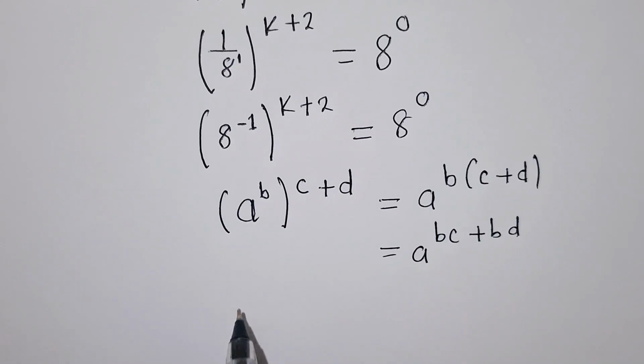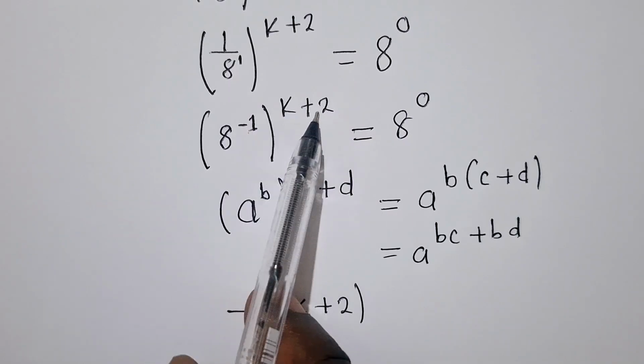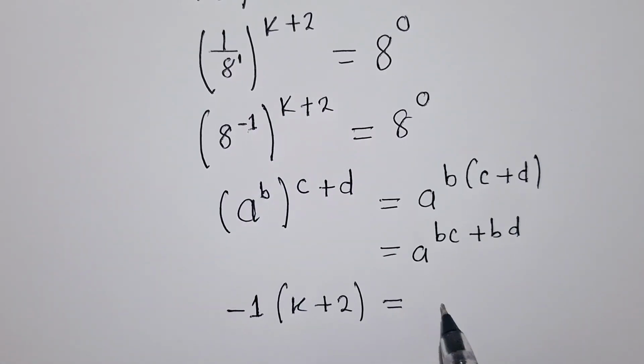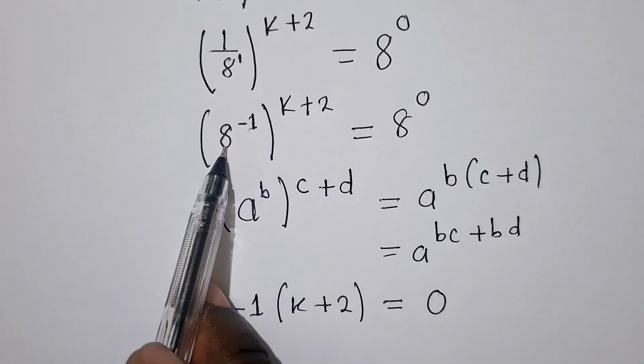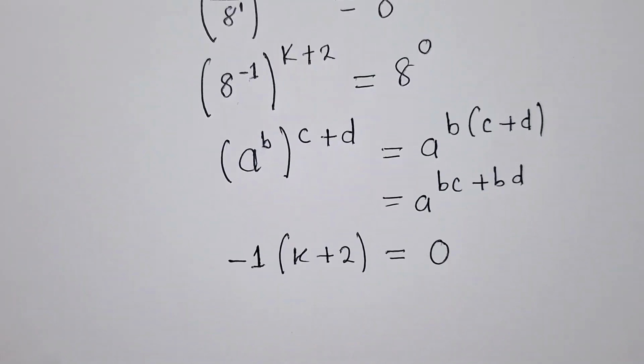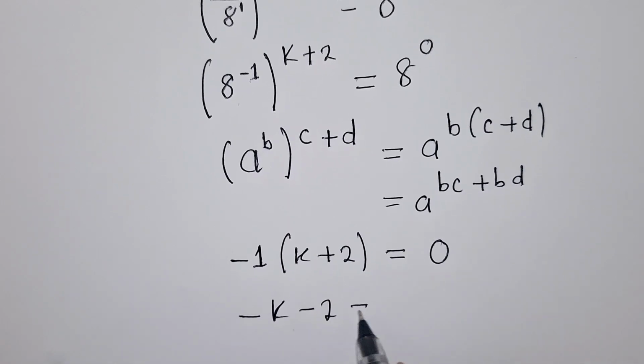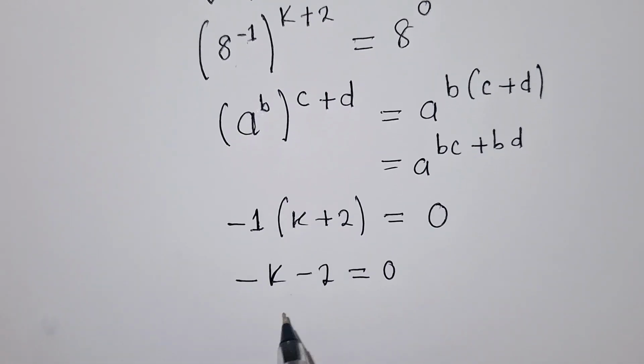So we shall say negative 1 multiplied by the other power here. This power multiplied by this power will simply be equal to 0. Remember, the bases are equal to each other, so we equate the powers. Therefore, we can say negative k minus 2 is equal to 0.